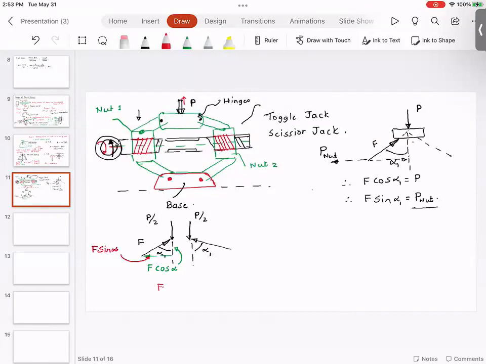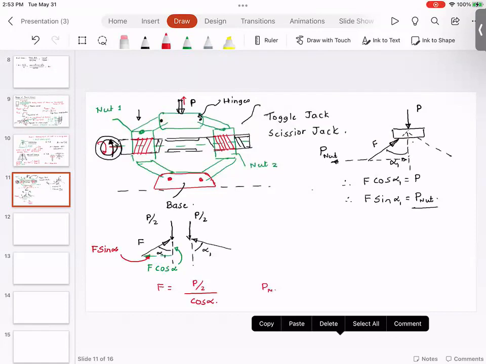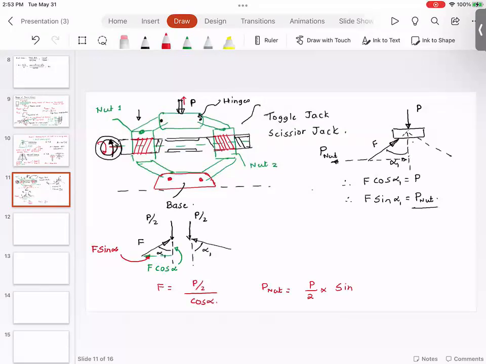So first, let's find out the value of F. F is going to be P by 2 divided by cosine alpha, and the force in the nut is going to be P by 2 multiplied by sine of alpha 1 divided by cosine of alpha 1. So this is going to be P by 2 tan of alpha 1.